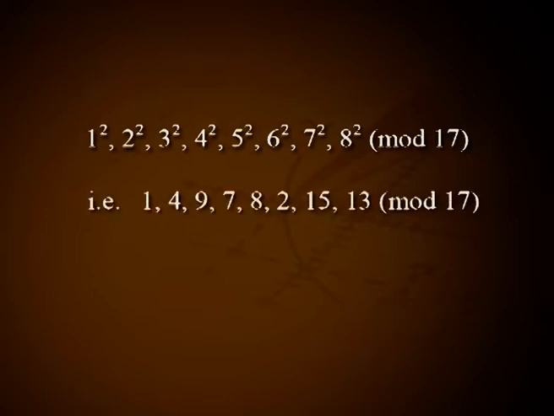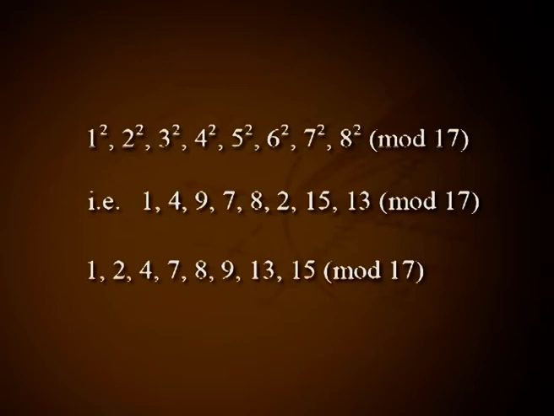By theorem 1, all quadratic residues mod 17 are the integers 1 squared, 2 squared, 3 squared, 4 squared, 5 squared, 6 squared, 7 squared, 8 squared mod 17. That is 1, 4, 9, 16... rather, 1, 4, 9, 7, 8, 2, 15, 13 mod 17. That is 1, 2, 4, 7, 8, 9, 13, 15 mod 17.